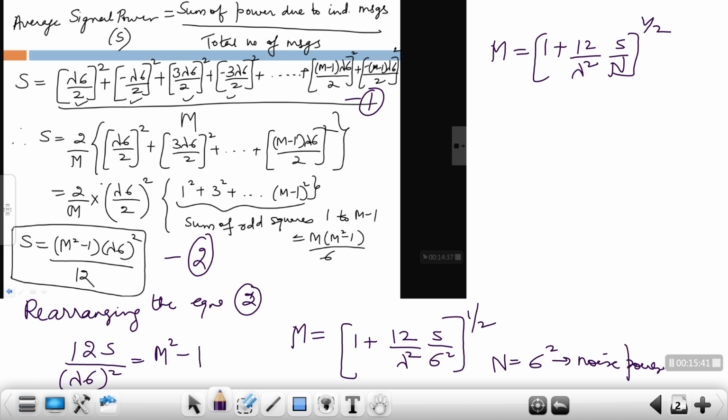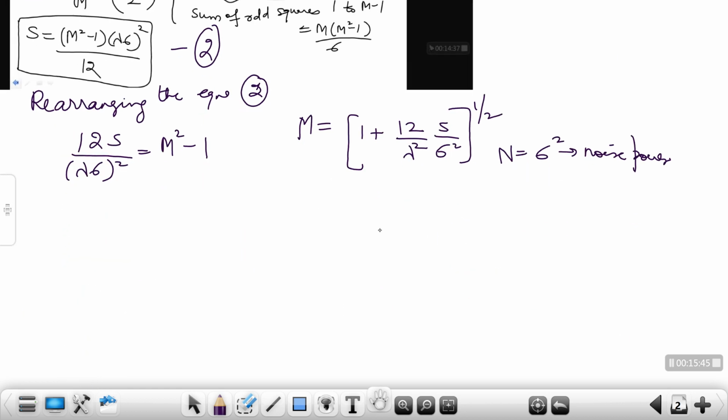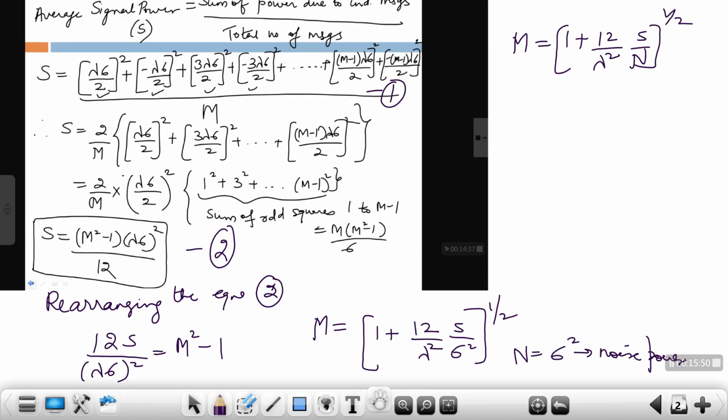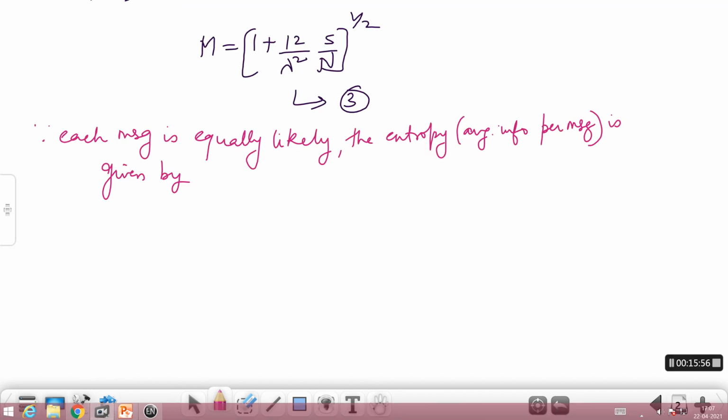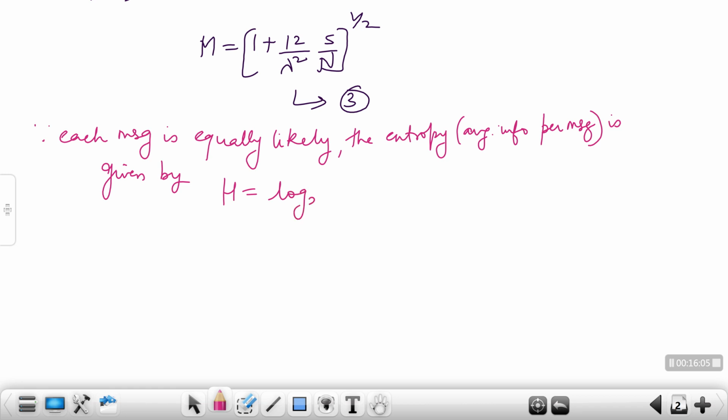Fine. So now going further, this equation I would just write as equation number 3. Now since each message is equally likely, the average information, that is the entropy, is given by, if at all you remember, for equally likely messages, log to the base 2 of m. So I can substitute this m, say equation number 4.